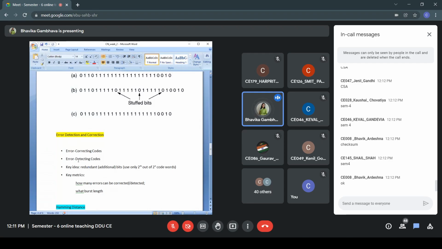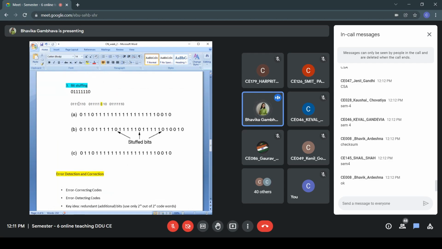Now, there will be key metrics in error control, like your code will be having a limitation of how many bit errors can be corrected or how many bit errors can be detected. No code is providing you infinite capability that any number of errors can be corrected. And what is the burst length of that? Burst means together. Like here, if I'm having this series, and we are saying that it is capable of correcting three random or scattered bits, that could be one measure.